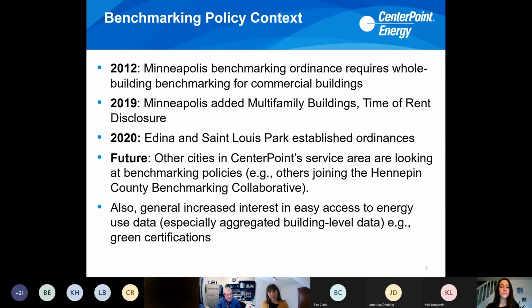It's called the Clean Energy Partnership, a formalized partnership between the two utilities and the city to advance their climate action plan goals related to energy. And we're seeing other jurisdictions jump on the bandwagon, establishing similar benchmarking ordinances. We see that happening in more cities in the future, and there's generally interest in doing benchmarking for other voluntary reasons.